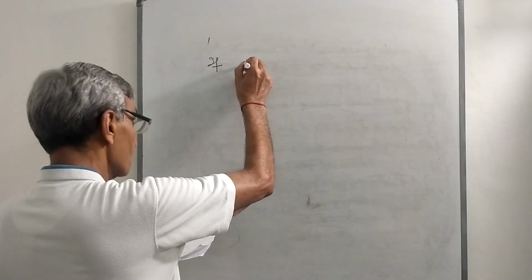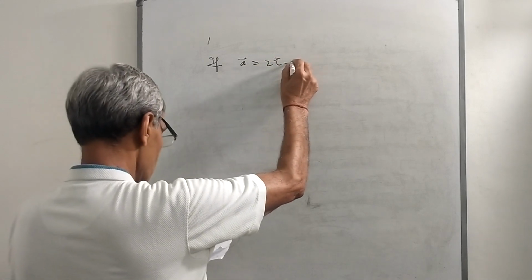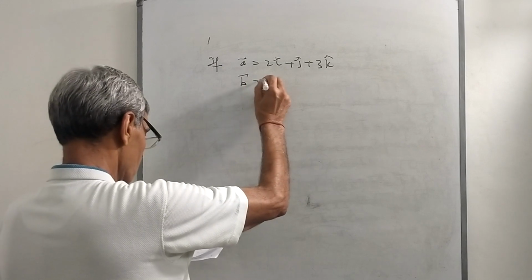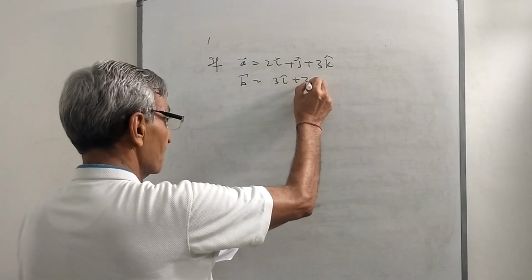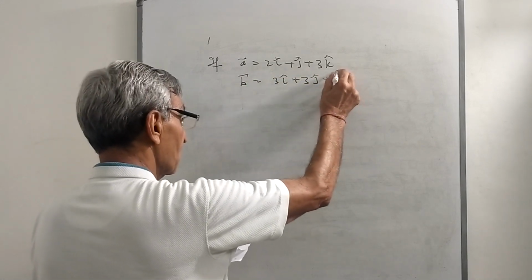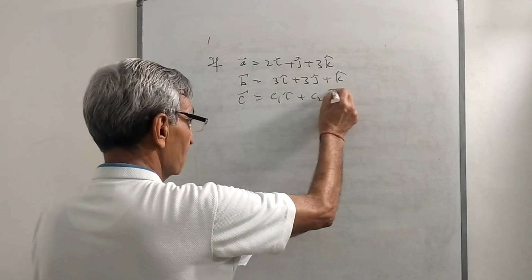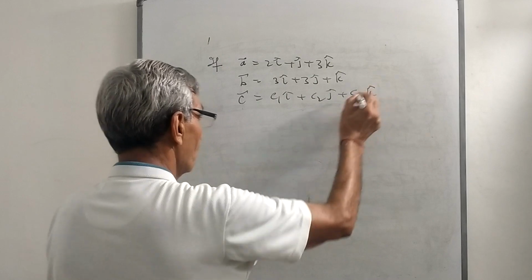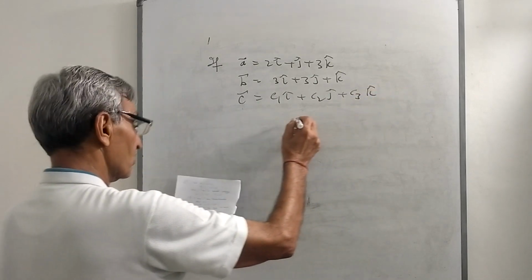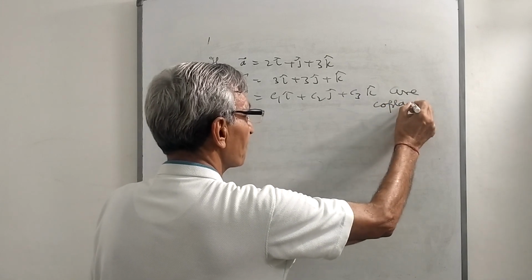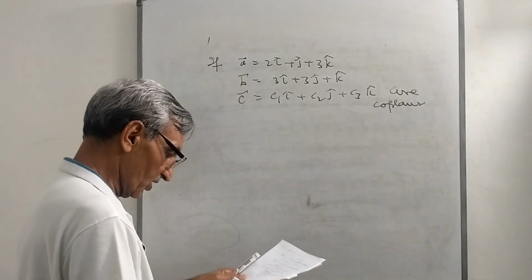Let A is equal to 2i plus j plus 3k. B is the vector 3i plus 3j plus k. C is another vector, C1 i plus C2 j plus C3 k. Well, friend, they are coplanar. When they are coplanar, it means that the scalar triple product is equal to 0.